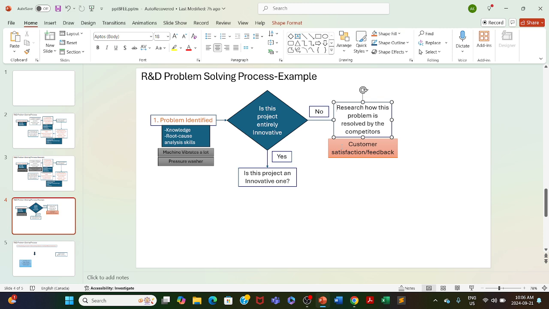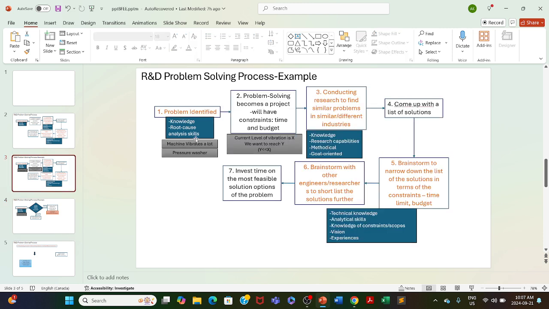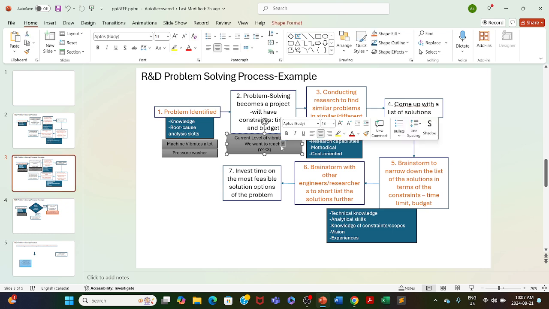But you also know that that product vibrates at the level Y, where we determine that the target value is Y. So we know that Y. How this is reached, we don't know, but we can definitely research.